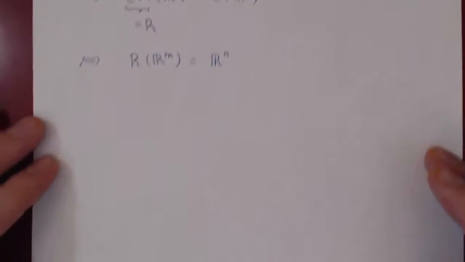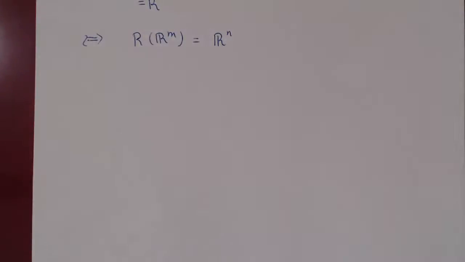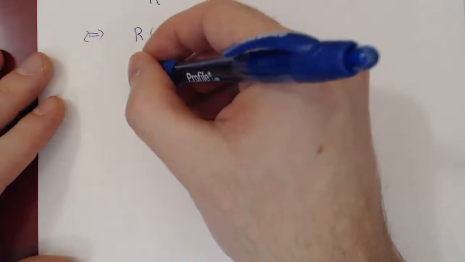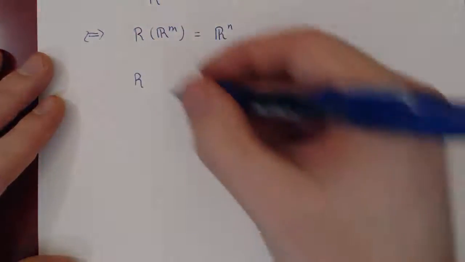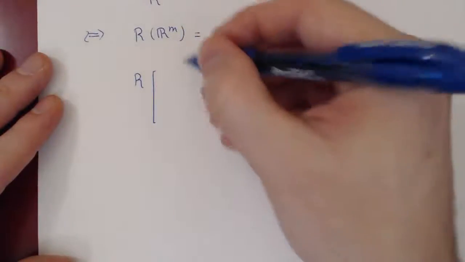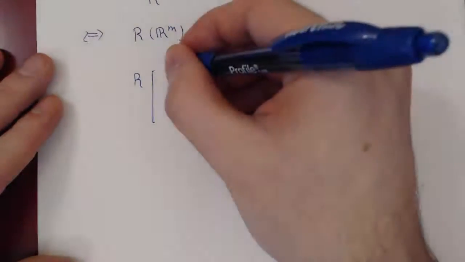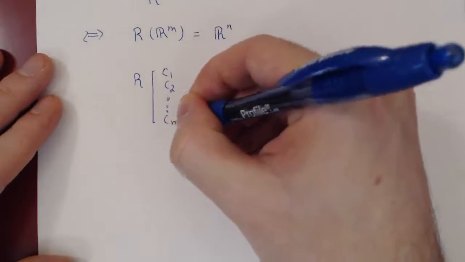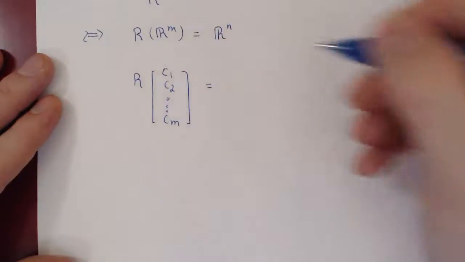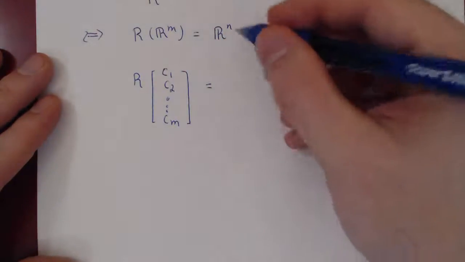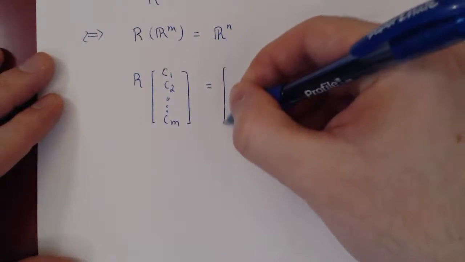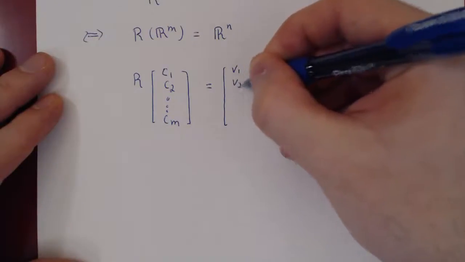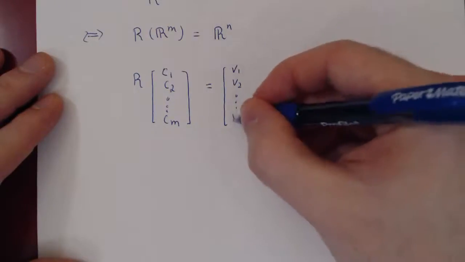Let's write this in an expanded form and then look at the corresponding linear system. So we have the reduced row echelon form of the matrix A times a vector in Rm. So the coefficients are C1, C2, up to Cm. And we're asking, by doing this, can we get every vector in Rn? Say the vector is V and has entries V1, V2, up to Vn.